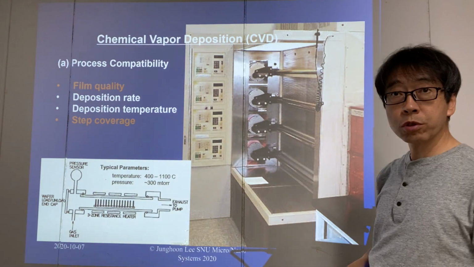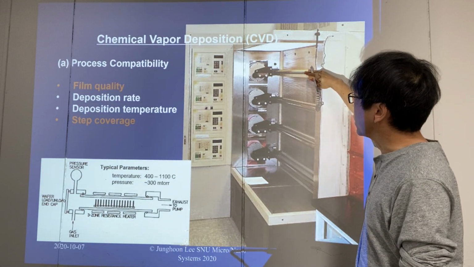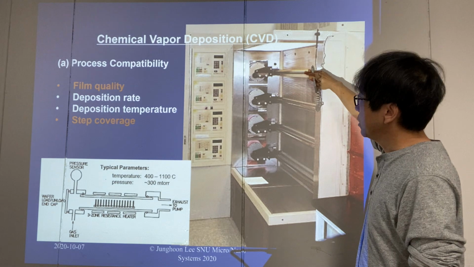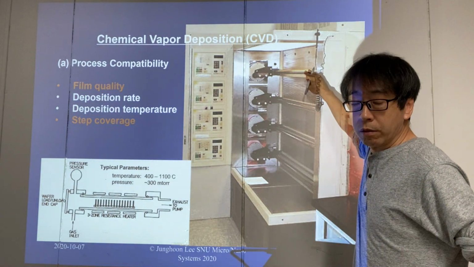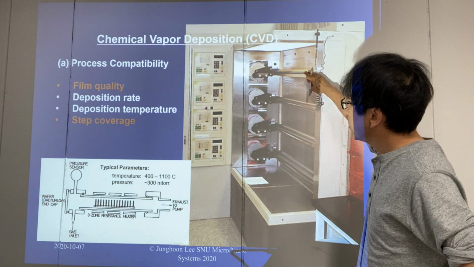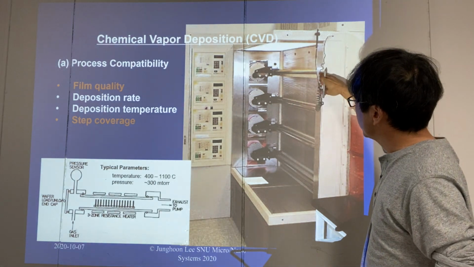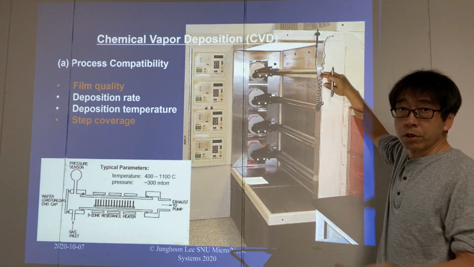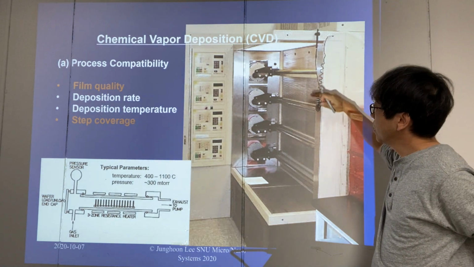And the highest temperature is at the highest level bank. Usually they use this top bank for oxidation furnace. And then the other banks, actually, the temperature is like, so here the top bank temperature is 1000 to 1200 degrees Celsius.